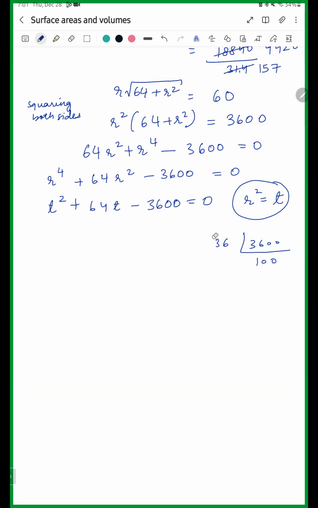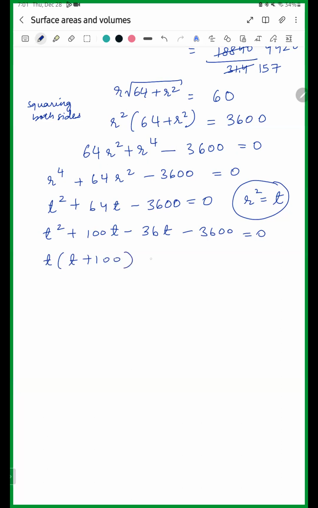So this is t square plus 100t minus 36t minus 3600 equals 0. So t into t plus 100 minus 36 into t plus 100 gives you 0. So t minus 36 into t plus 100 is equal to 0.